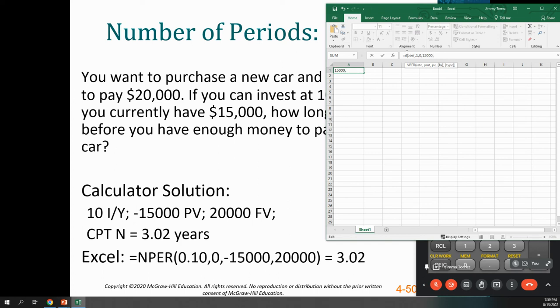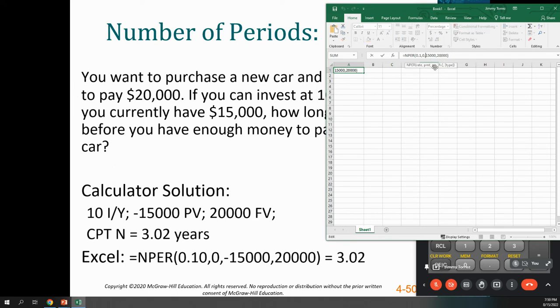I'm going to make the future value negative 20,000. By the way, I use the commas here, so don't use the commas when you're doing this. And I'm just going to close that. The default is 0, and boom, it gives me an error. Why? Because I didn't make either the payment, the present value, or the future value negative.